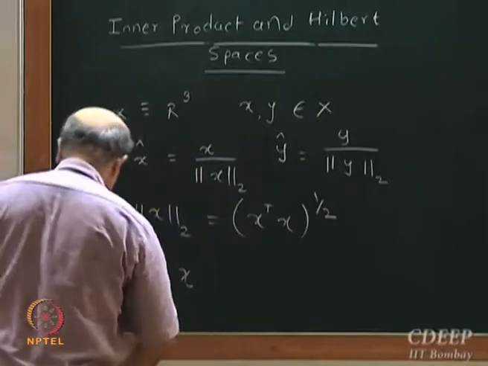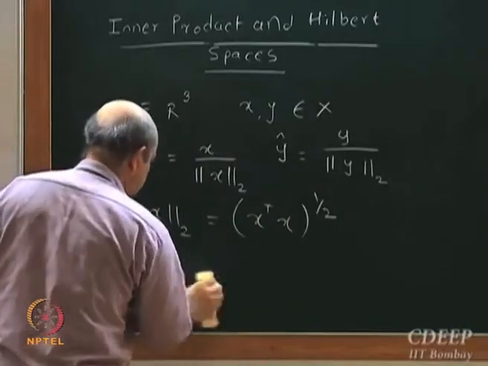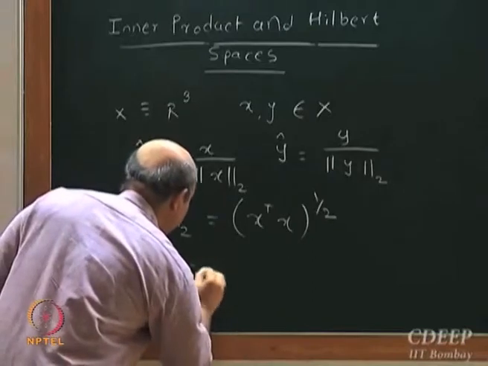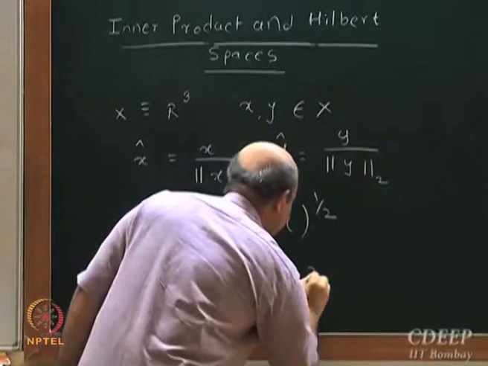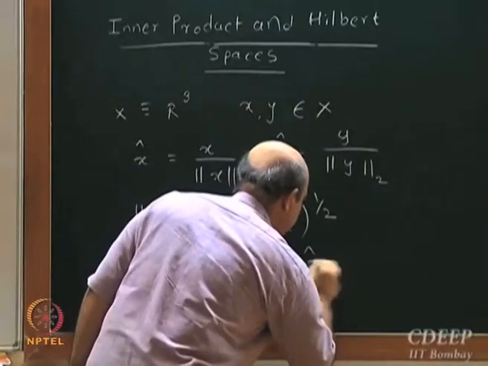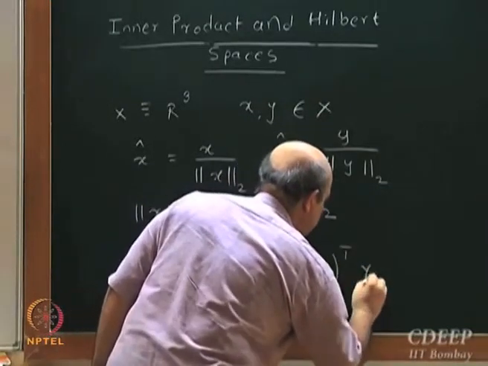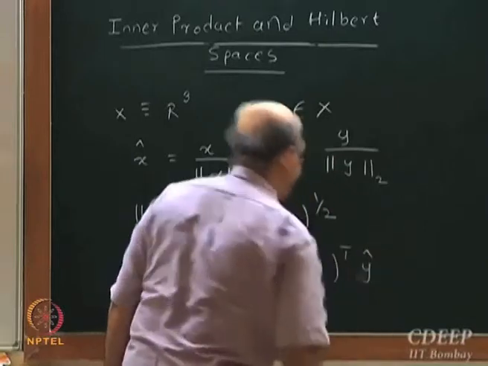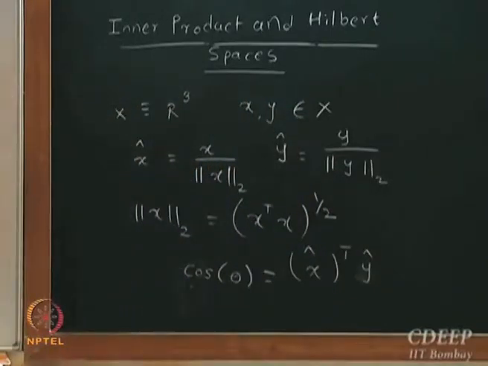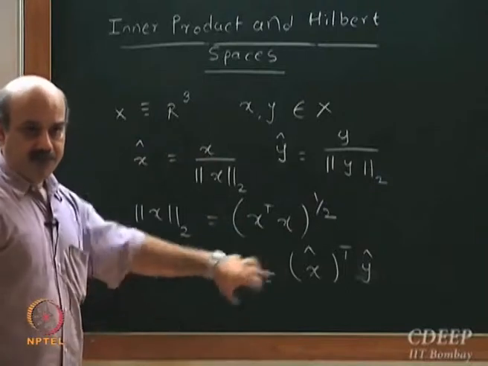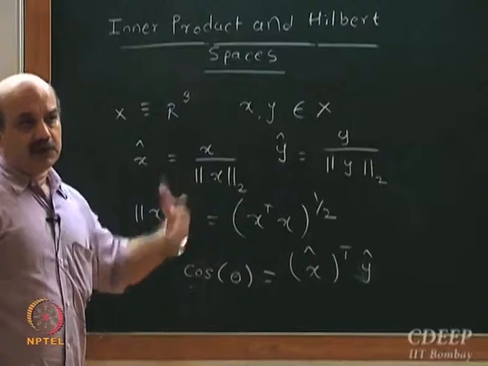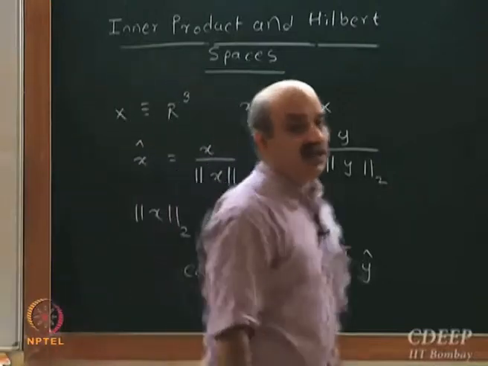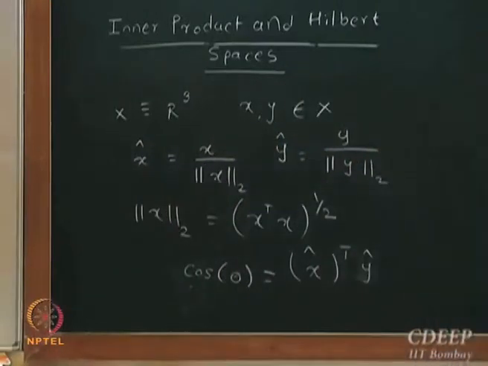So a fundamental result that we have is that cos theta is equal to x cap transpose y cap, the angle between them. I want this particular idea to be generalized in a vector space.